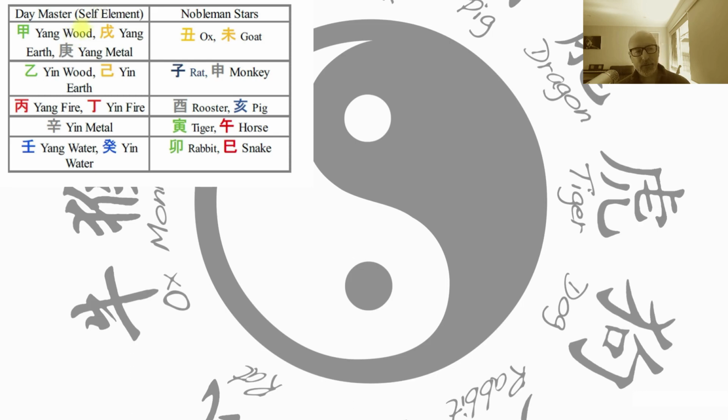Now, what we've got here, we've got Yang Wood, Yang Earth, and Yang Metal. These are the Nobleman Stars. If your day master is any one of these, your Nobleman Star is going to be the ox or the goat. Then we've got the Yin Wood, Yin Earth. If that is your day master, your Nobleman Star is going to be the rat and the monkey.